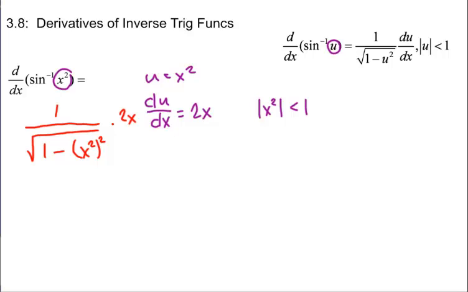And so simplify and clean that up, and what you end up with is 2x over the square root of 1 minus x to the fourth. And that's it. That's the derivative of the arc sine of x squared. That's all there is to it.